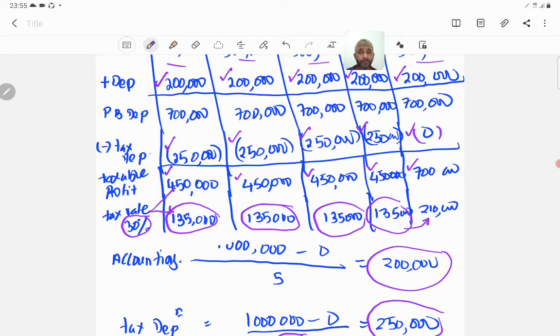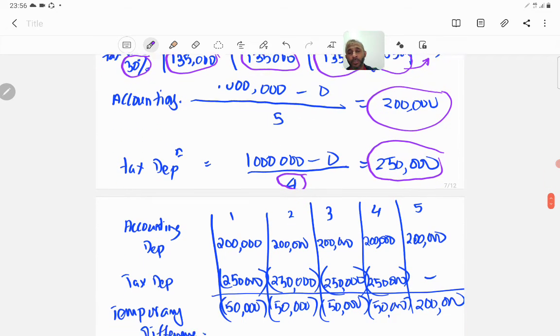Now, what do you mean by deferred tax? When we have a temporary difference and that difference will result in additional taxes, which we call taxable temporary difference, that amount is what you call deferred tax.